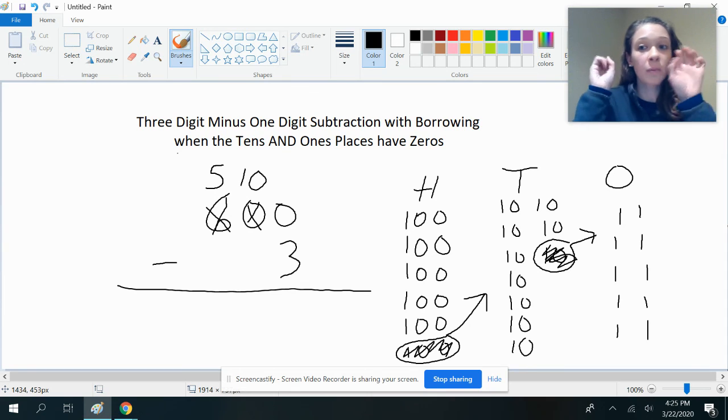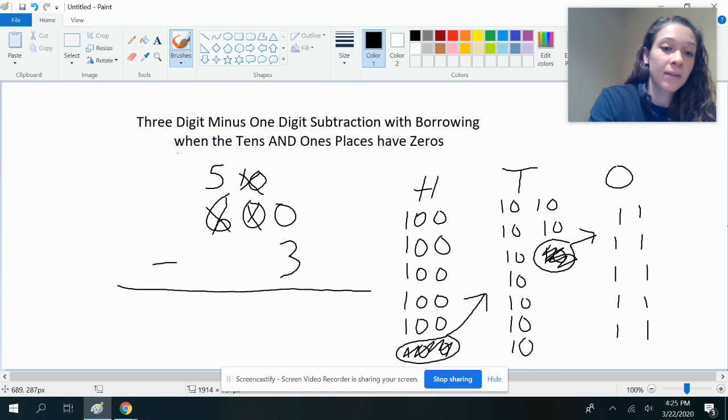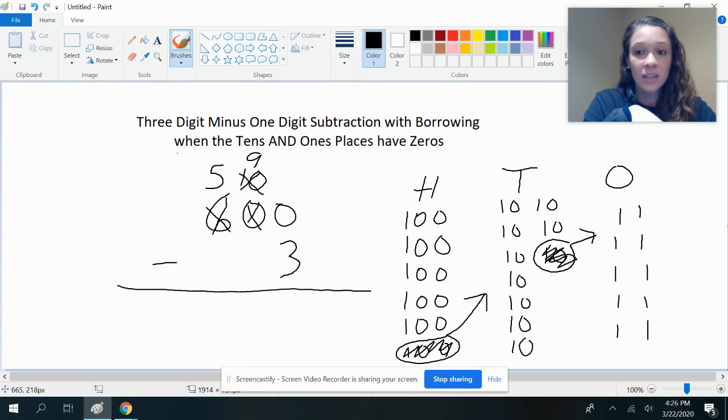Okay, remember I started with 10 tens in that tens place, and I just took a 10 away. So now I have 9 tens in my tens place. So instead of a 10, we will need to cross it out again and make it a 9 because now I have 9 tens, okay?